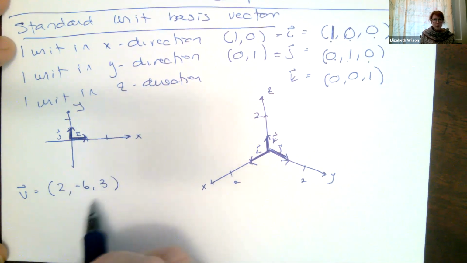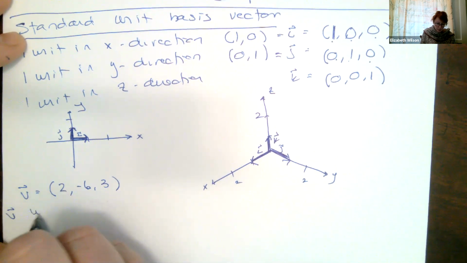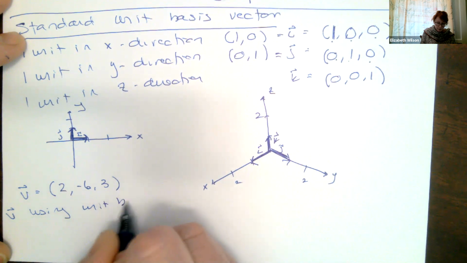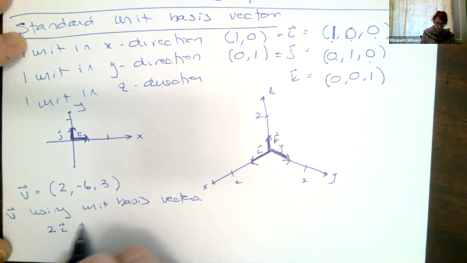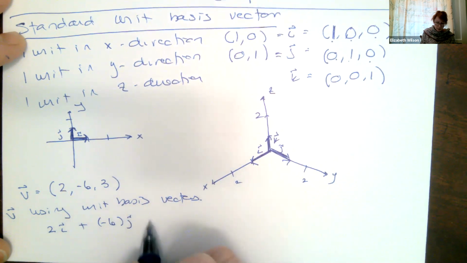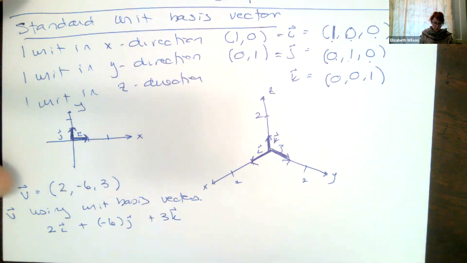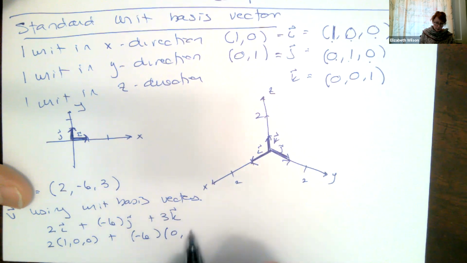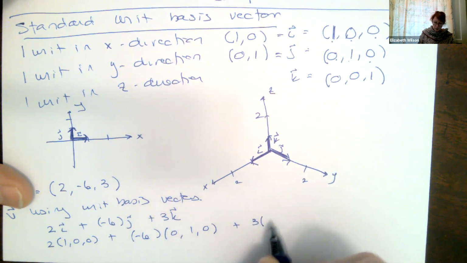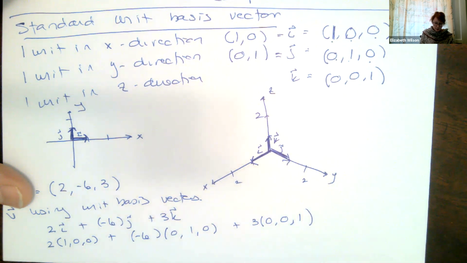If I want to break this down or represent V using my unit basis vectors, I would say 2 times I plus minus 6 times J plus 3 times K. Because what this looks like is 2 times 1, 0, 0, plus minus 6 times 0, 1, 0, plus 3 times 0, 0, 1, which is the same thing as 2, 0, 0, plus 0, minus 6, 0, plus 0, 0, 3.